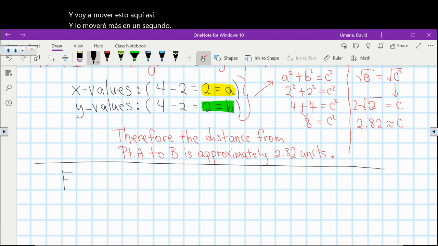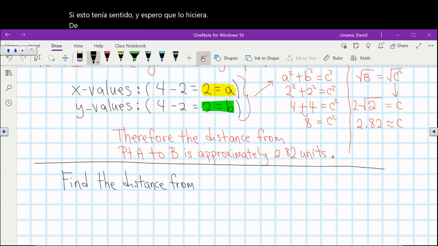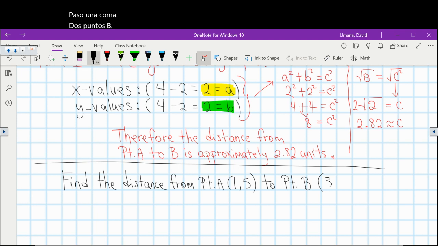So if this made sense, and I'm hoping it did, find the distance from point A at 1, 5 to point B at 3, 11.